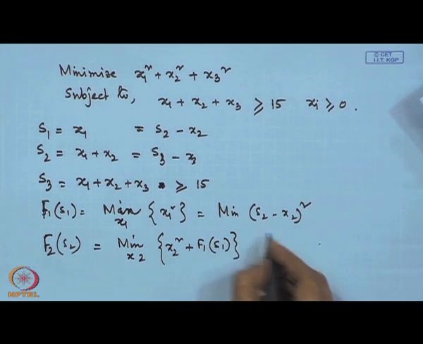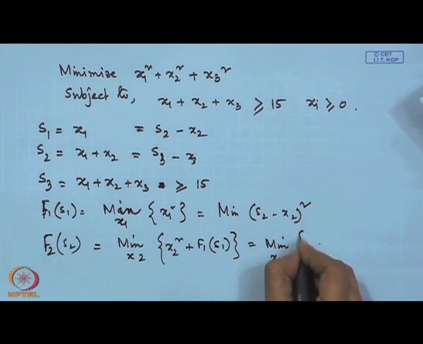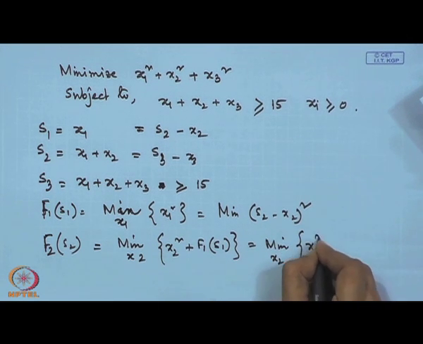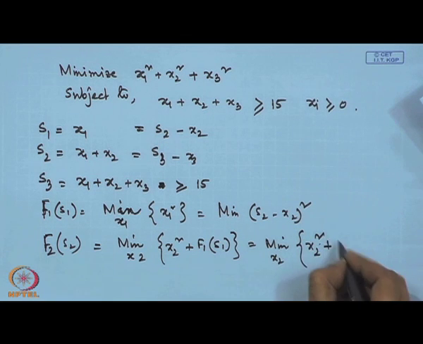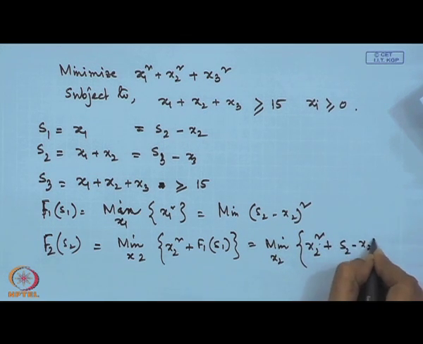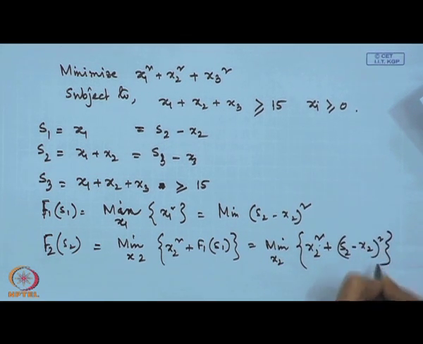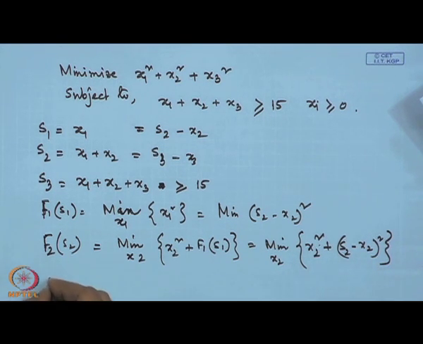This is f1 s1 for me, that is why we can consider minimization of x2 square plus (s2 minus x2) whole square. Now, once we are getting that, just see, second stage problem is a problem of single variable only, x2. We can apply the optimization technique.